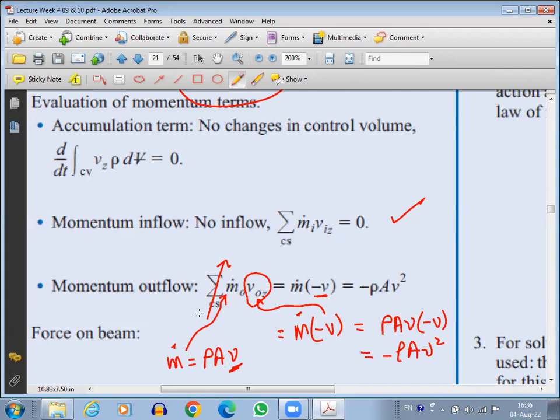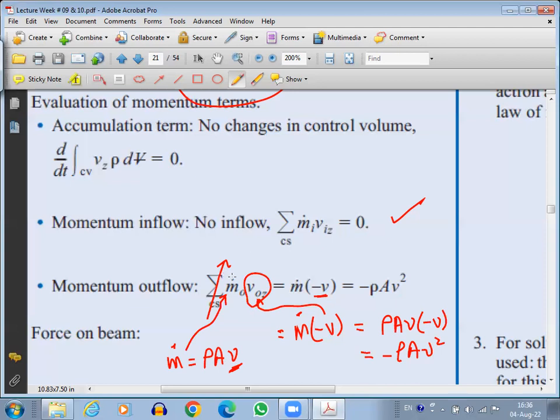Now, the mistake a student could make is to think that the velocity is in the downward direction, so it's negative, and put a negative v here as well as a negative v here. What will happen? Instead of getting negative rho A v squared, they're going to get positive rho A v squared, which will be wrong.